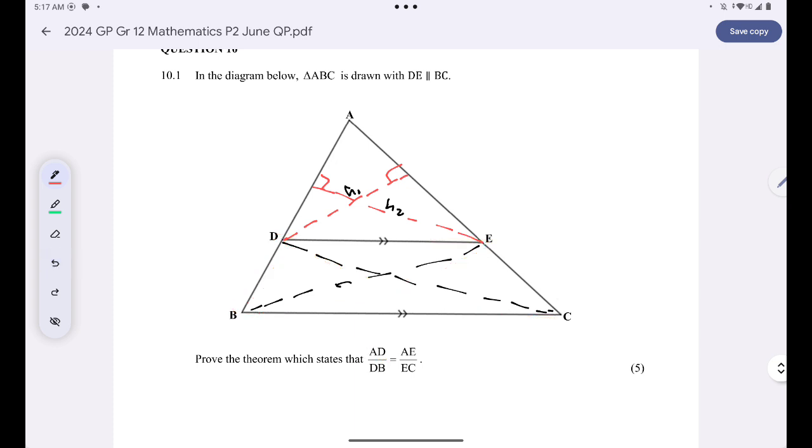After constructing here, guys, I can simply find the quotient of the triangle areas. I'll just say the area of triangle ADE, the triangle at the top, all over the area of triangle BDE.